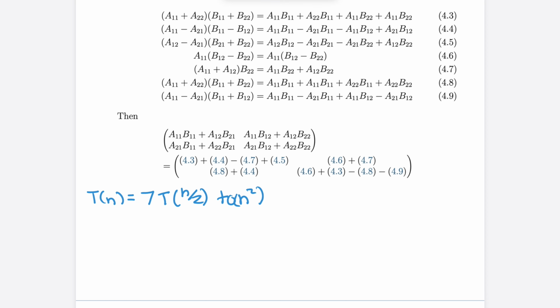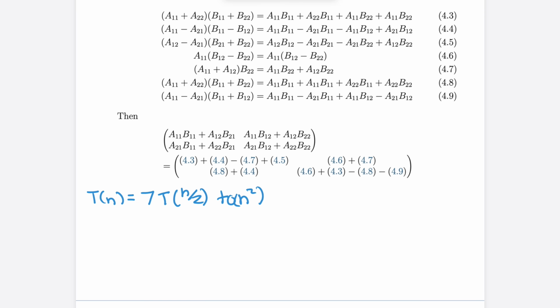I'm using n to represent the one dimension of a square matrix. So they're really n over 2 by n over 2 with n squared over 4 individual numbers inside. Maybe it would have been more proper to write n comma n, n over 2 comma n over 2, but it'll always be the same.